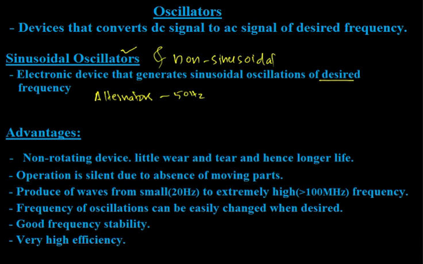But alternators cannot be treated as oscillators, because an oscillator can be designed to generate a frequency range from a few hertz to several megahertz, but the frequency produced by an alternator is very low.